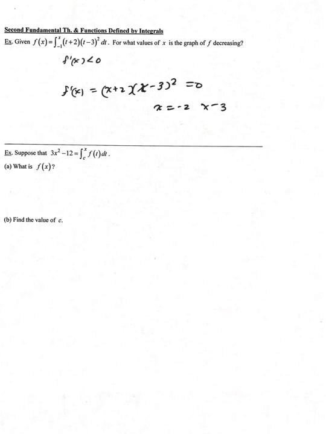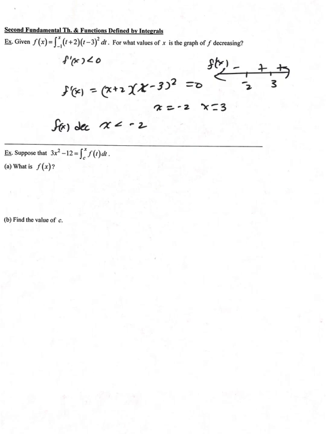Do a little sign graph. You need to label this as the sign of f prime. So to the left of negative 2, it's negative. To the right of negative 2, and to the right of 3, it's positive. So therefore, f of x is decreasing for x less than negative 2. It doesn't ask me to explain why, so why bother?